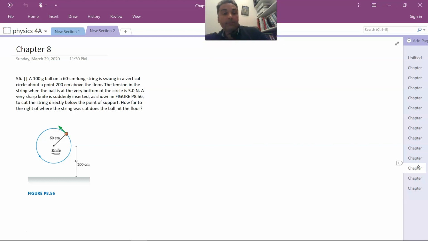Okay, let me do this problem for you. Let me cover the camera. It says a 100-gram ball on a 60-centimeter long string is swung in a vertical circle above the point of 200 centimeter above the floor. So this is height.